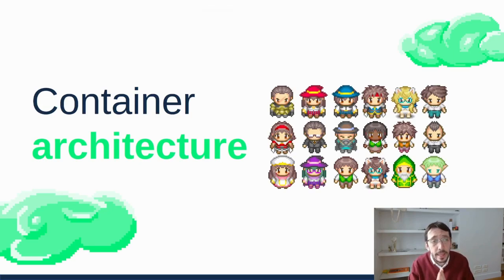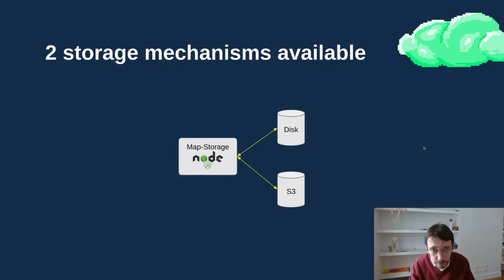Okay, let's talk a little bit about the container architecture. So we have this new container that is called map storage. The map storage container can actually store files in two different ways. It can store files on the disk, and the disk is basically the default behavior. So if you make a Docker volume, you can have your files available on the host, and that's pretty cool.